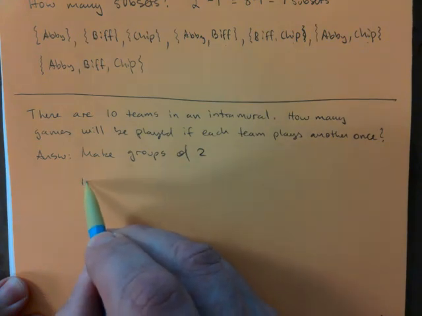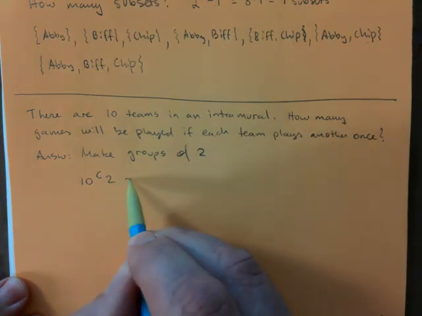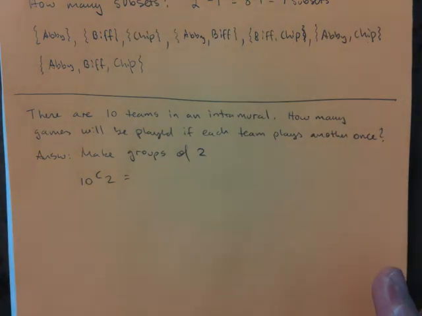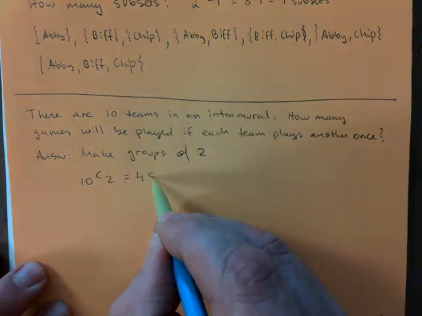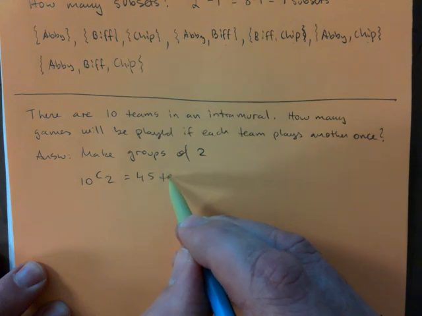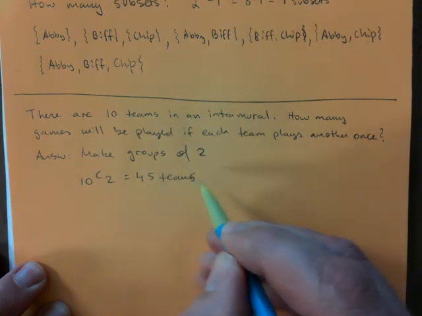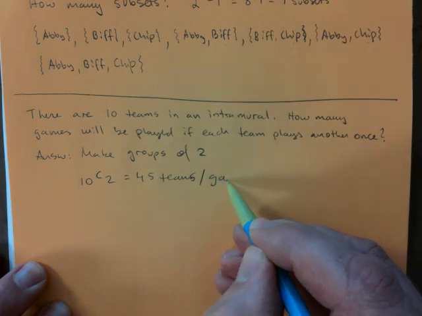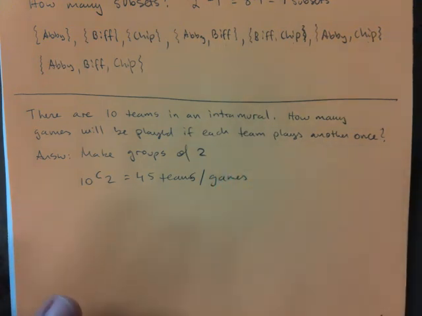So that would be from the 10 teams, choose 2. I just made this one up, so I got a 45. Teams, okay, therefore games. These 45 groups that you're making, they're going to each play a match. And so that's how many games there will be.